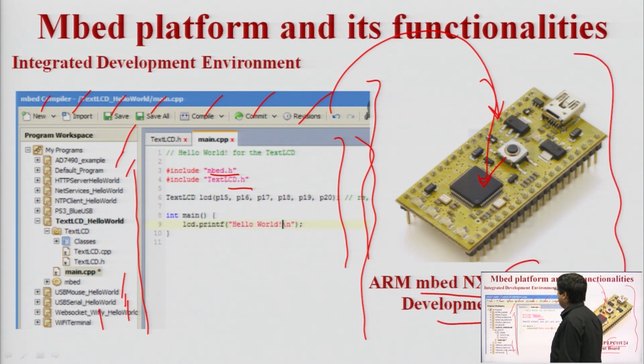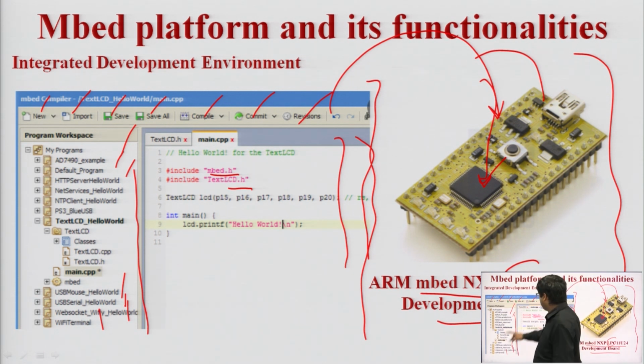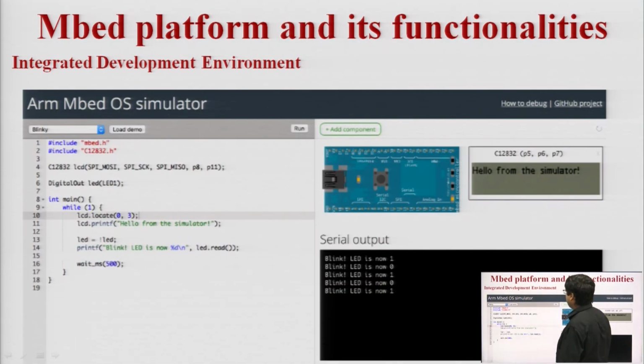There are many development boards available. You only need a web browser and an internet connection. You go to the Mbed platform, write the program there, debug that program, and burn the program onto a development board. So this is basically an open integrated development environment. Another picture: this is the ARM Mbed OS simulator.